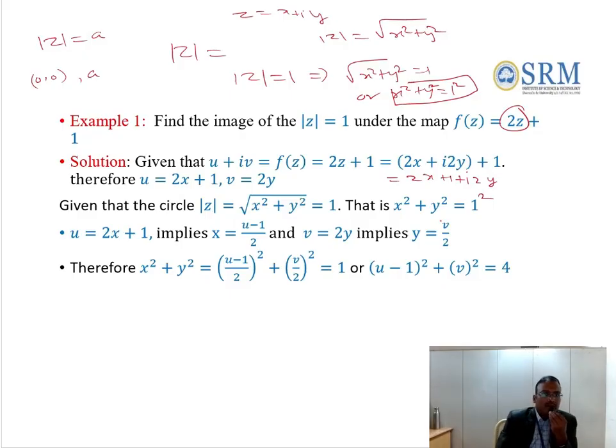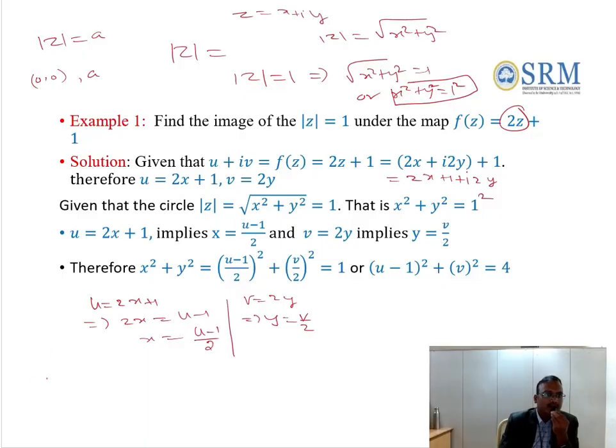But what is u? u equal to 2x plus 1. Therefore we can write 2x equal to u minus 1, or x equal to u minus 1 divided by 2. Similarly, v equal to 2y, therefore y is equal to v by 2.